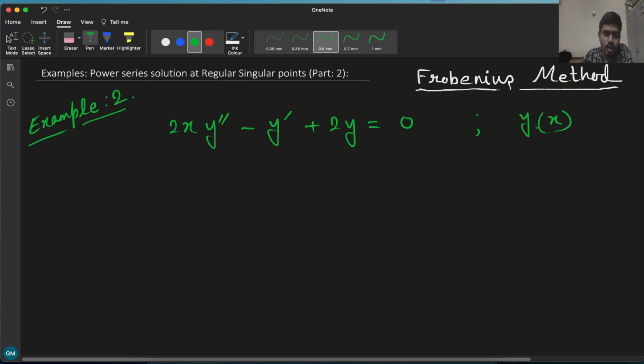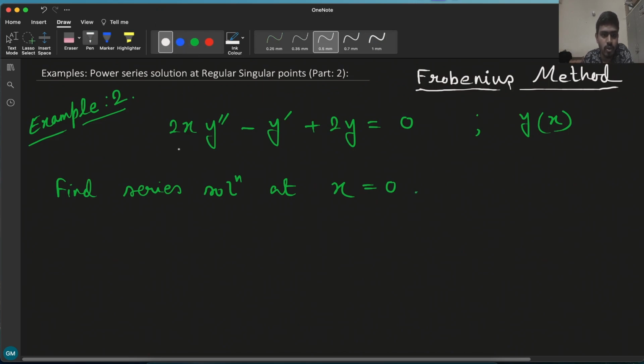We are asked to find the series solution at x equals 0.